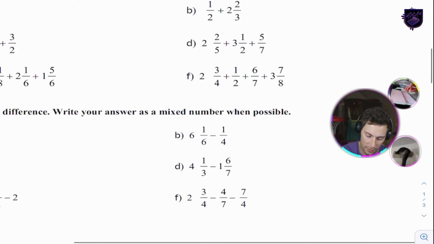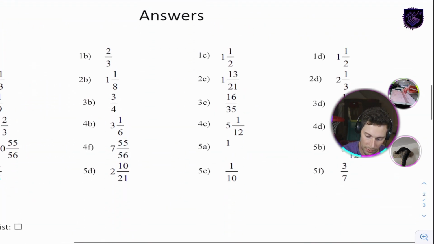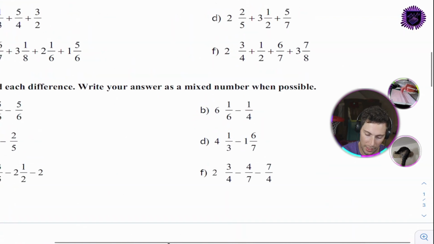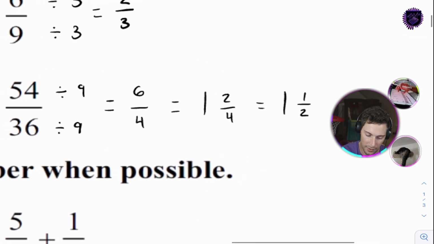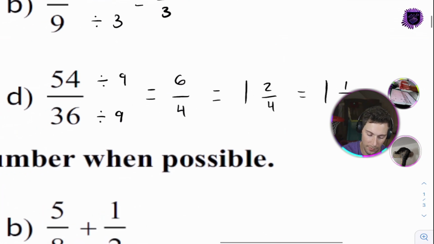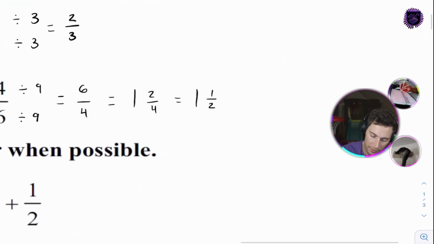1D, 1 and 1/2. It is, so the answer's right. Let's see if I'm gonna check this out here. 54/36. So we know 9 goes into each 2.